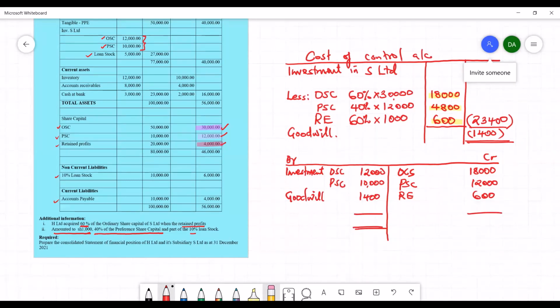So we have a total of 23,400, and this side 23,400. That is if we use the T account method to prepare what is called the cost of control account. Any of the two methods are correct.